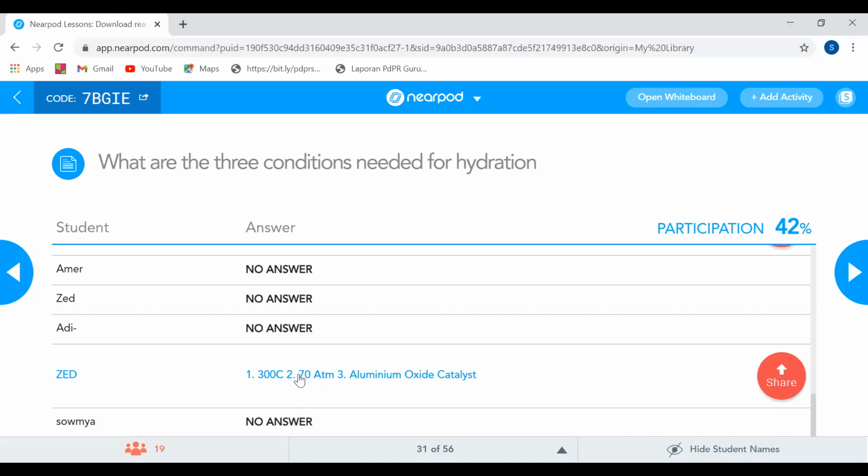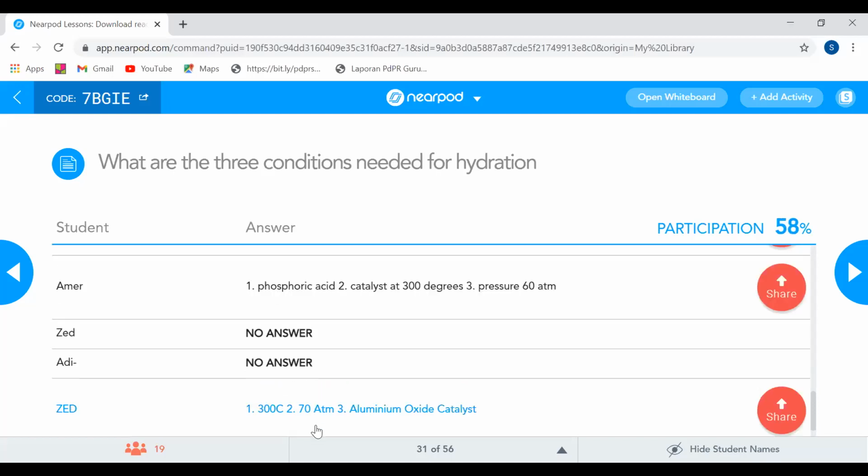Teacher never taught 70 atmospheric pressure. Just now teacher said 60. Where did you get 70? It's not 60 to 70. No, it's 60. And then I said phosphoric acid, where did you get aluminium oxide?